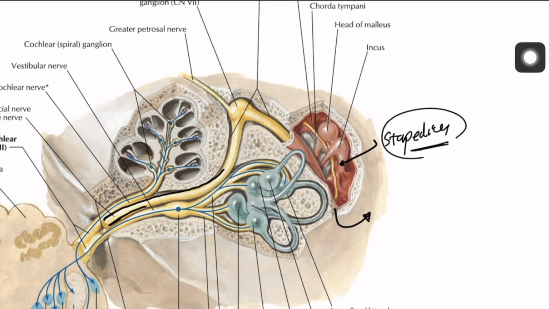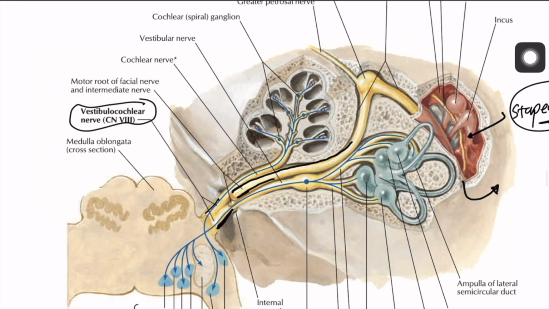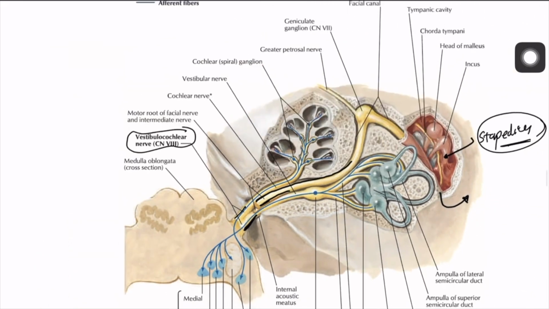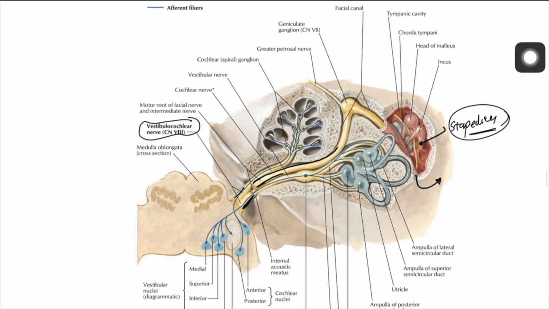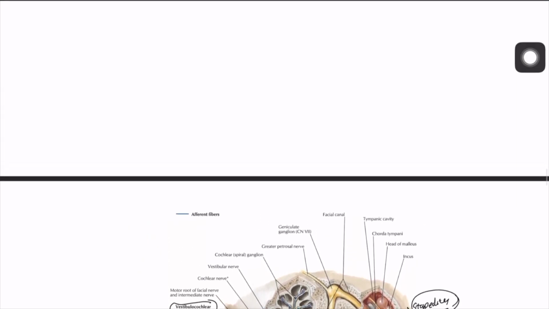And this has significance. As you can see, it's closely related to another nerve, the vestibulocochlear nerve. So any tumor or schwannoma in this area can lead to paralysis of both the facial nerve and the vestibulocochlear nerve, such as an acoustic neuroma. All right?